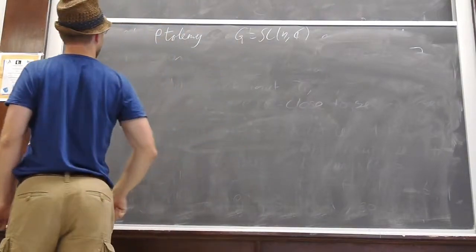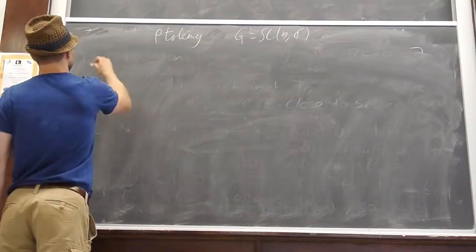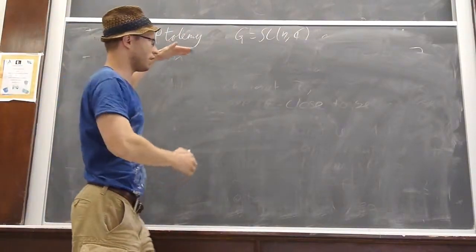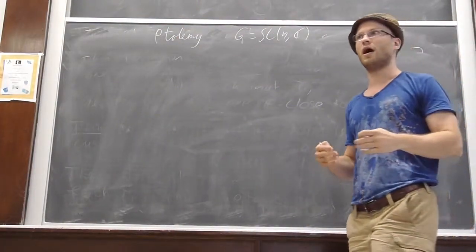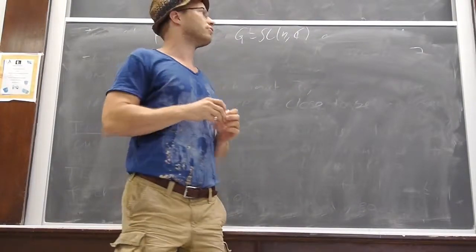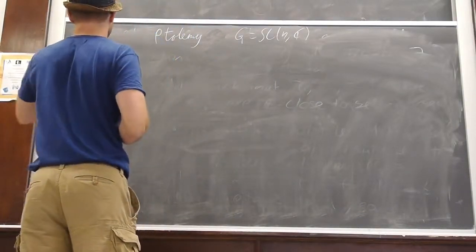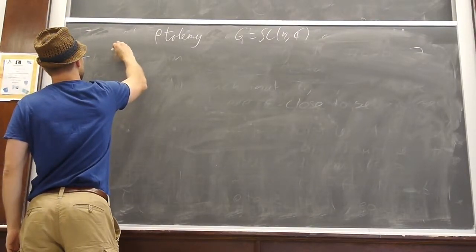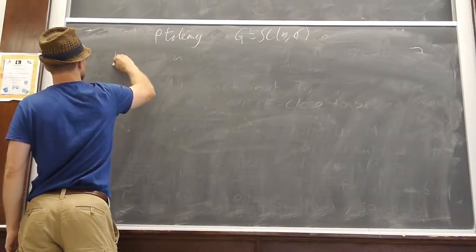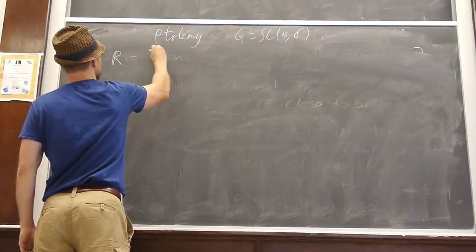So the representations we're looking at are, let me just state some nice properties of these varieties before I start, and after that I'll define these things. So the representations we're looking at are, let's just call this R.